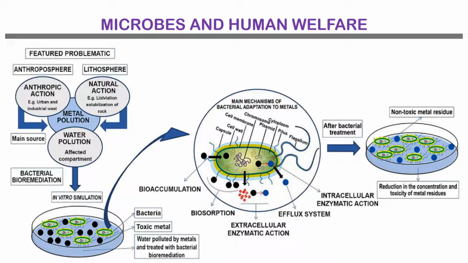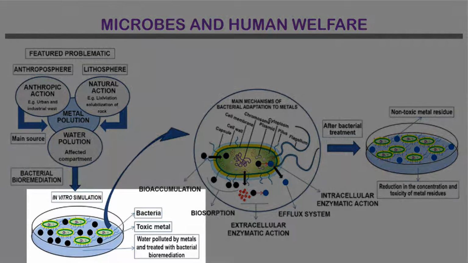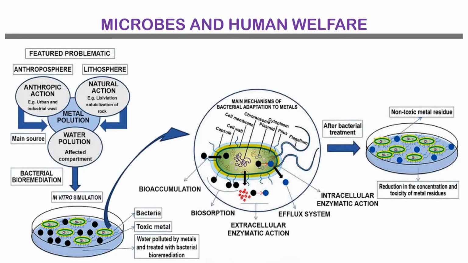This is one method of how to utilize candidate microbes to clear up pollutants. First you have to do in vitro simulation, and then if the microbe of interest can remove the pollutant, you can introduce it into the environment.